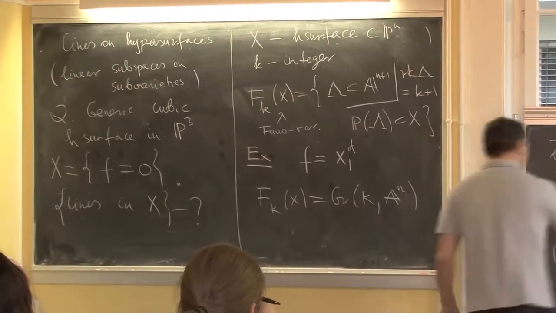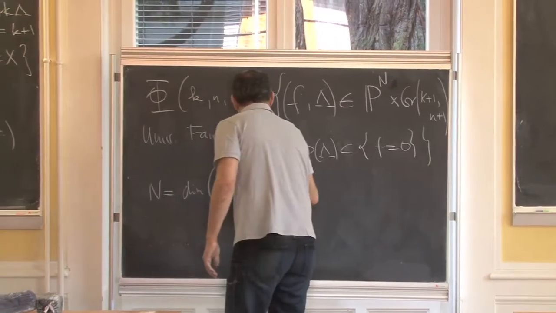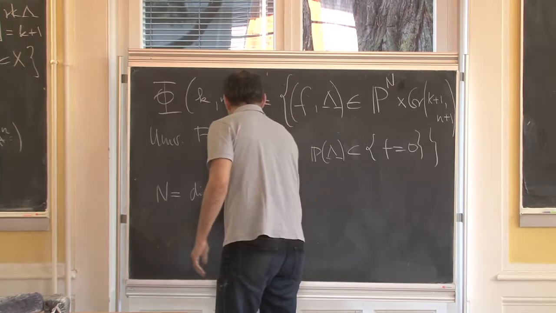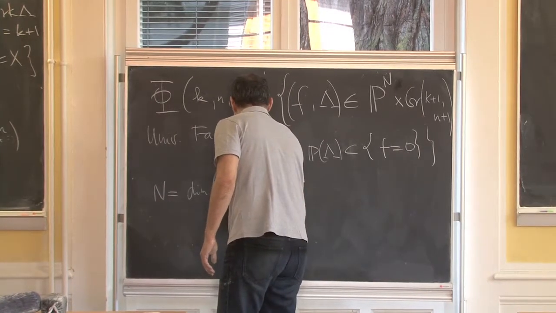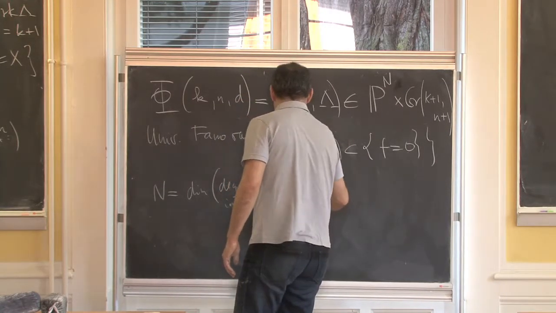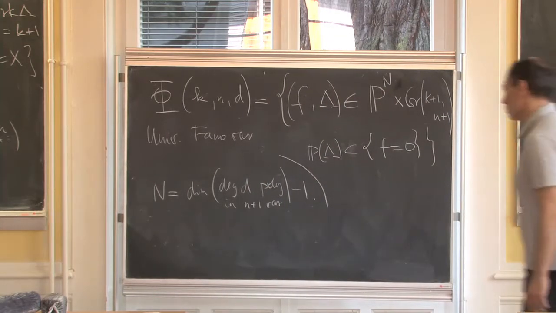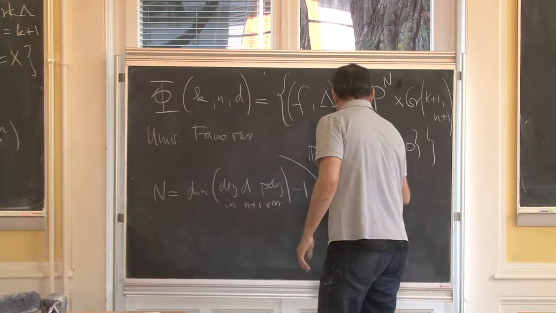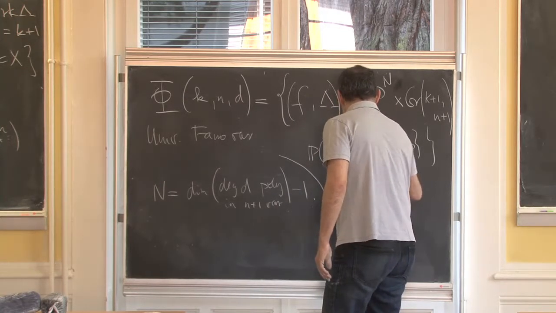So this is the dimension of degree d polynomials in n plus 1 variables, minus 1, because I projectivize it. And there's a formula for that. That's just (n plus d choose d), minus 1 or something like that, it doesn't matter.